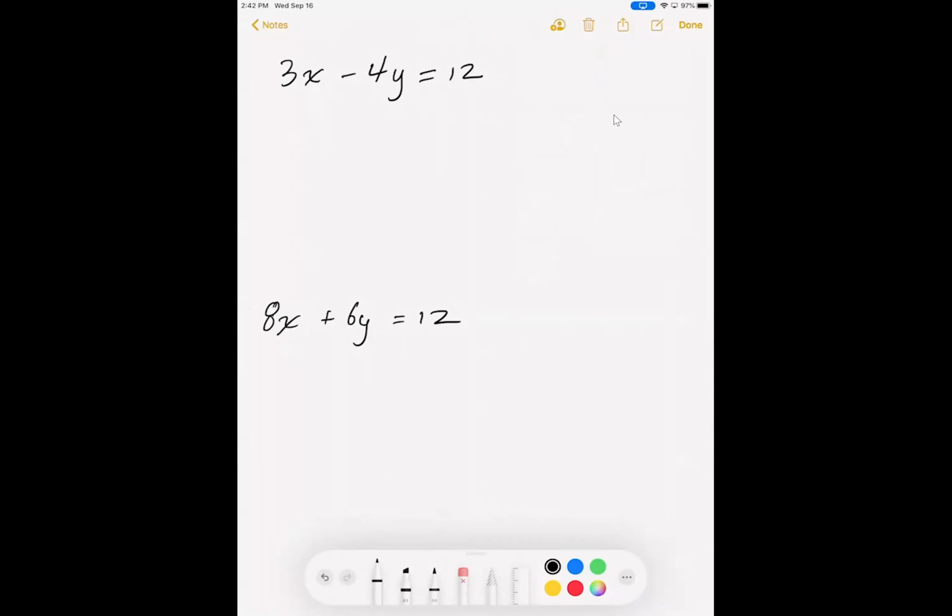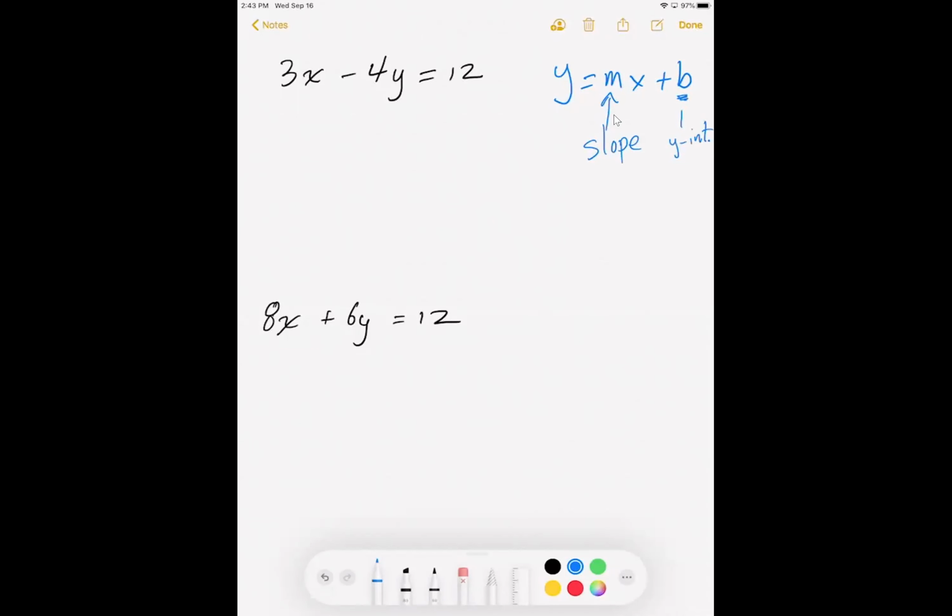In order for us to know what the slope and the y-intercept are, we need to get it in this form: y equal to mx plus b. Whatever the number in front of x is, this is my slope, and whatever b is, this is the y-intercept.